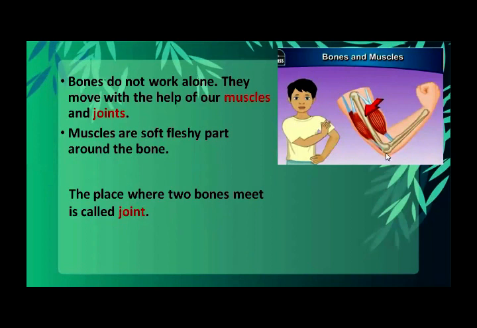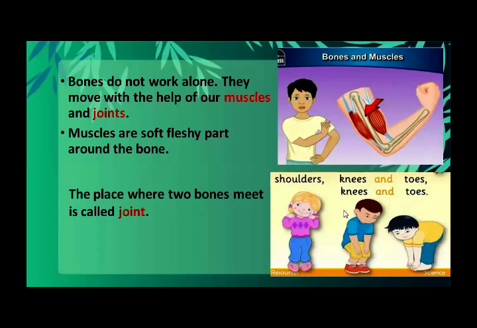So these bones join together to form the elbow joint. The place where two bones meet is called a joint.